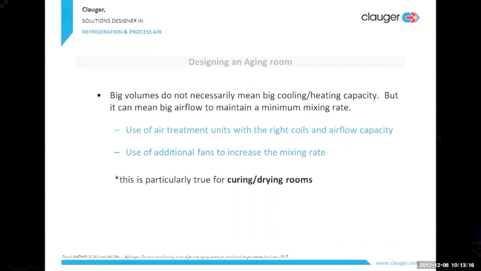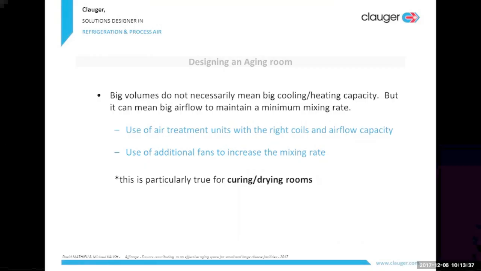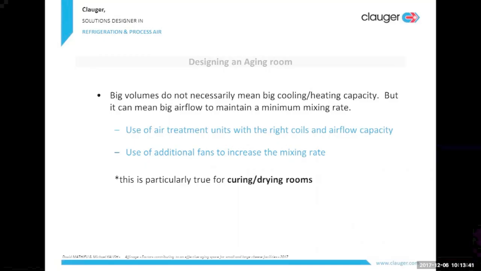Now, big volume doesn't necessarily mean big cooling or heating capacity, but it can mean a big airflow to maintain a minimum mixing rate. In cheese caves or in curing and drying rooms, we need to keep a certain mixing rate. It can be 15 volumes per hour, 20 volumes per hour, or 30 volumes per hour, but this is normally a fixed value depending on the cheese you have and the process of the room.